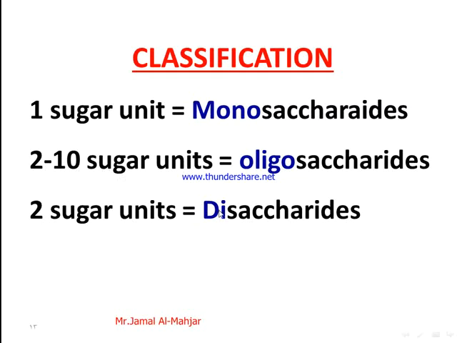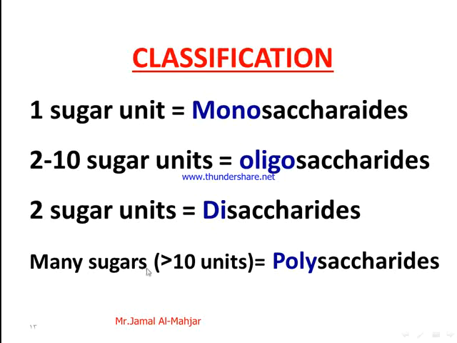Only disaccharides from the oligosaccharides. And if we have many sugars, more than 10 units, we call them polysaccharides. Okay, mono 1, di 2, poly more than 10, oligo from 2 to 10 units of monosaccharides.